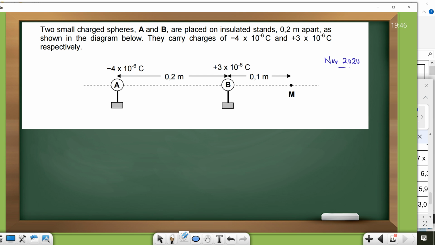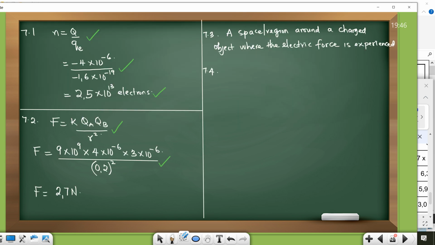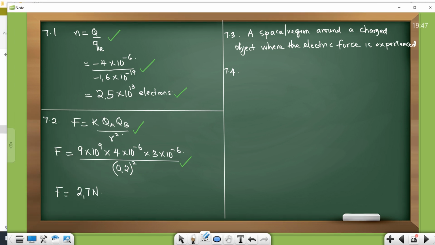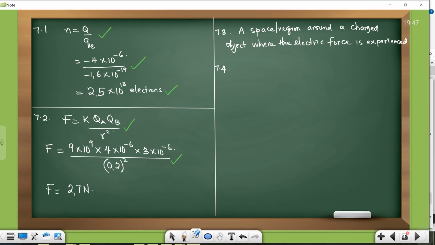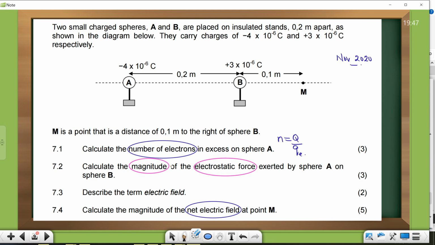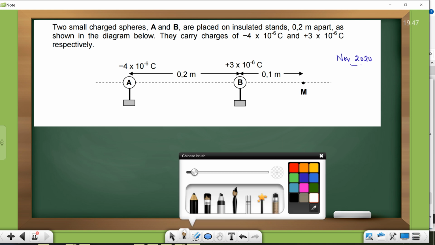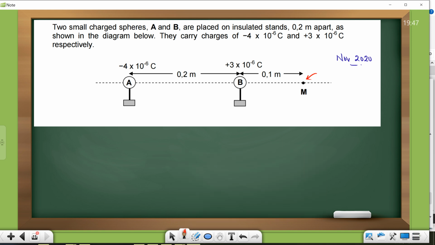Okay, we are looking for the net electric field. Please remember, the examiner is using the word net. Whenever you see the word net, please start by drawing a free body diagram at M. M is a point charge.